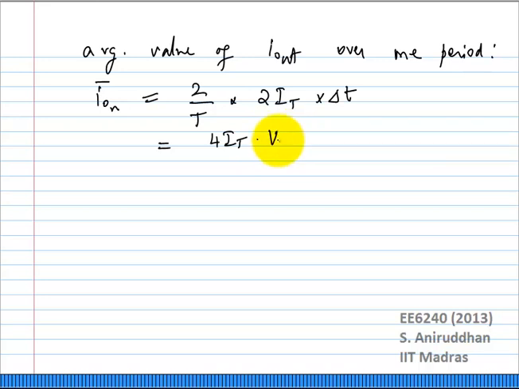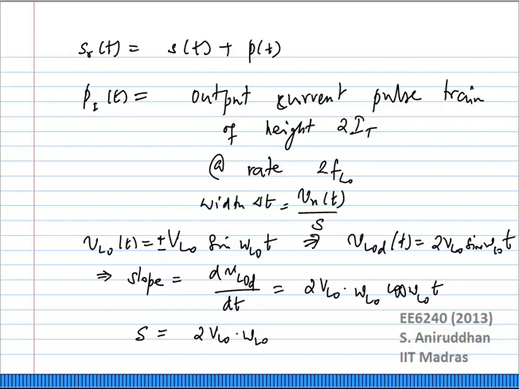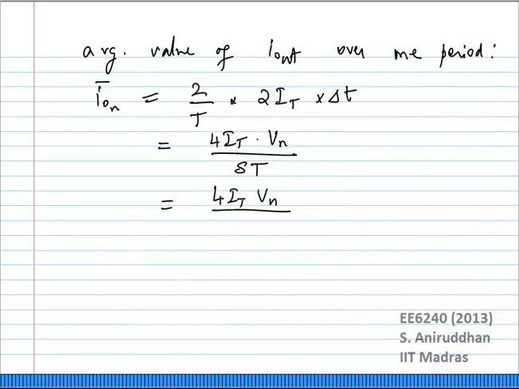So Vn, at that instant, I'll call it Vn at low frequencies, by S times T. So what is S times T? What is S? 2 VLO omega LO, and this T is TLO. So what is that? 4 pi VLO.